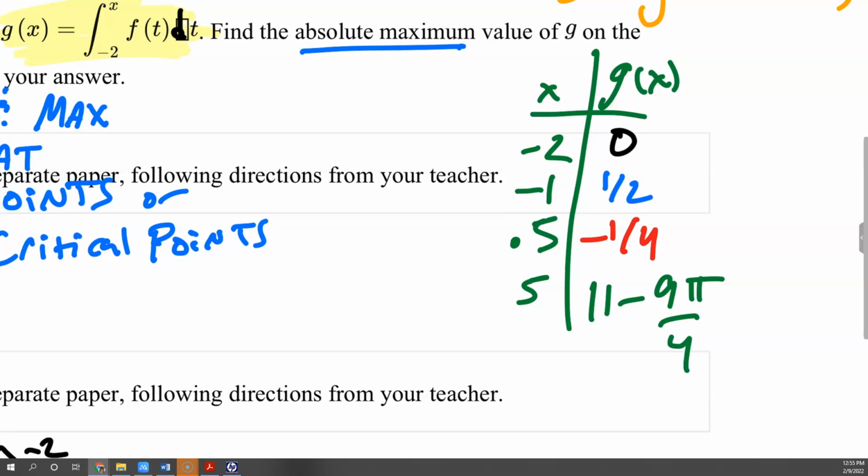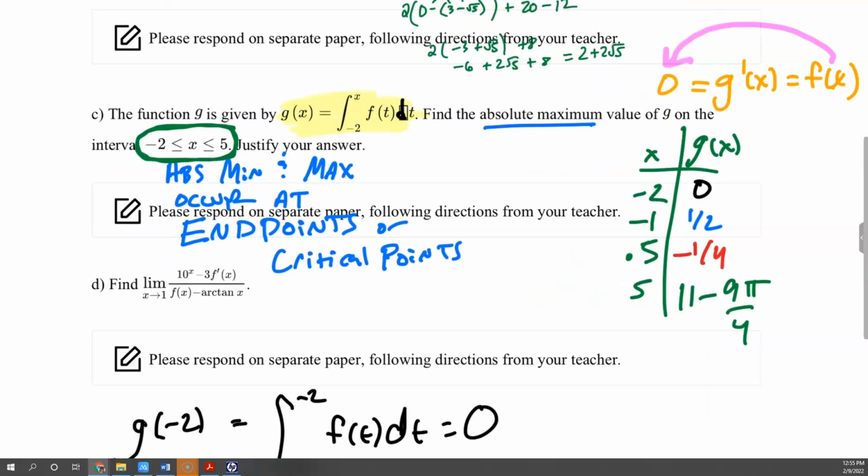Whenever you answer a question, guys, whether you're on an ACT test or an AP test or whatever, you read it before you answer it. Absolute max. That means look over here. Which of those is biggest of the y values? Is 11 minus 9 pi over 4 bigger than 1/2? Yes.